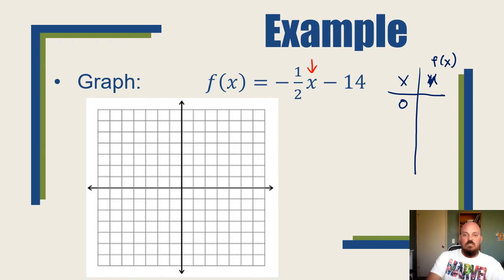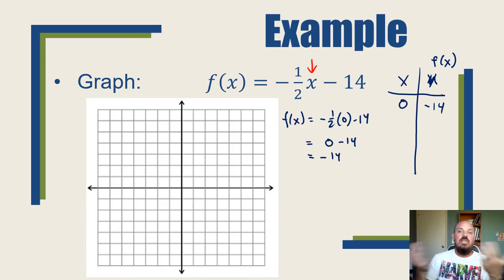So when I plug in 0, I get f of x equals negative 1/2 times 0 minus 14. Negative 1/2 times 0 is 0, and 0 minus 14 is negative 14. So all of a sudden we have to use scale. We talked about scale in the last module.